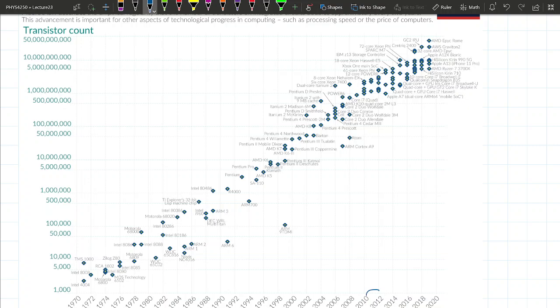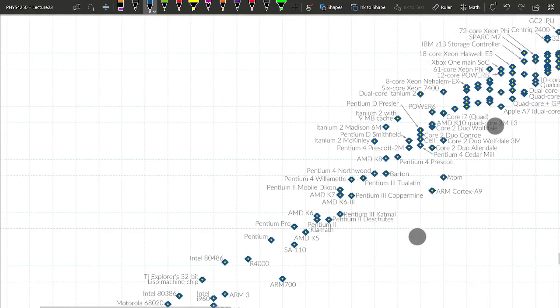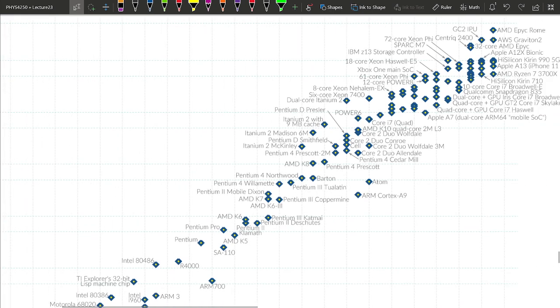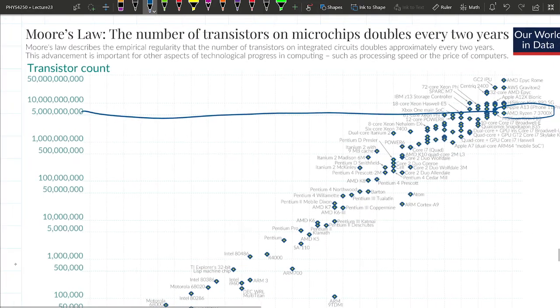For example, the number of transistors in my computer at home, where the heck is it? It's an AMD Ryzen. My little processor has 5 billion transistors in it. 5 billion of those little black things with a triangle in it, but of course miniaturized.